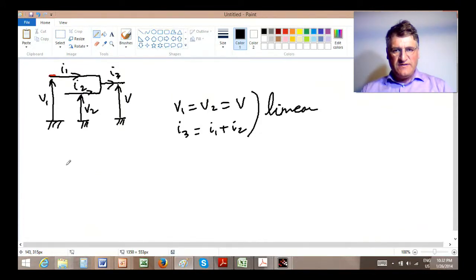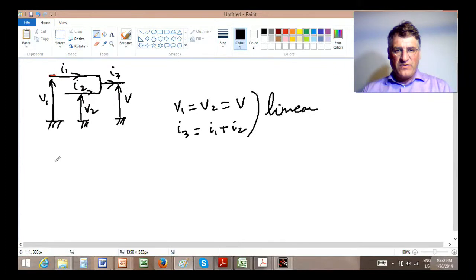Another thing is, we will see other elements involved in the future that yield, instead of current additions, voltage additions.